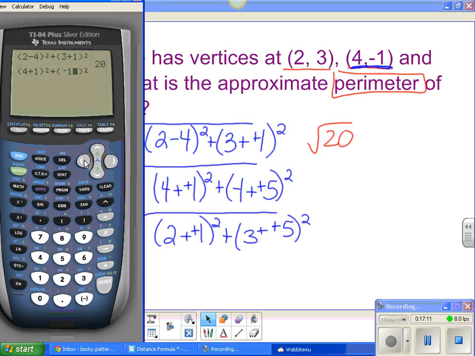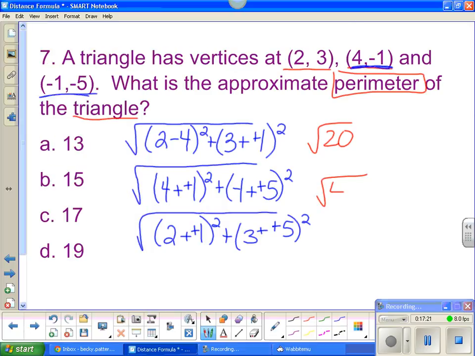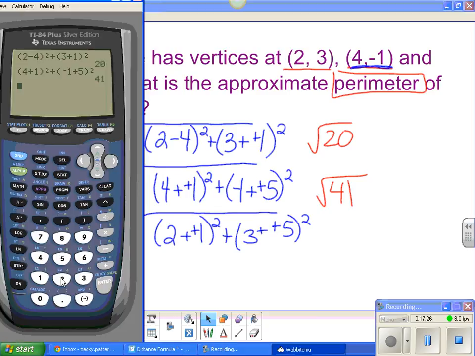Nope. -1 plus 5 squared. There we go. Root 41. And then 2 plus 1 squared plus 3 plus 5 squared. I don't have a parentheses in the front. There we go. And that gives me a root 73.